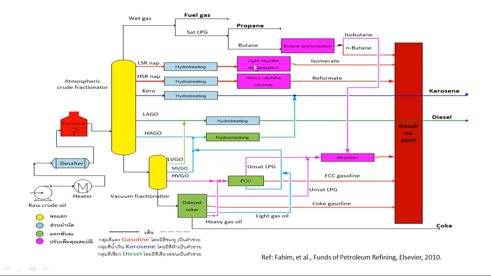Some units have a pink color here, which represents the upgrading units. Before, all products from those units are sent to the gasoline pool or blending section before being distributed.